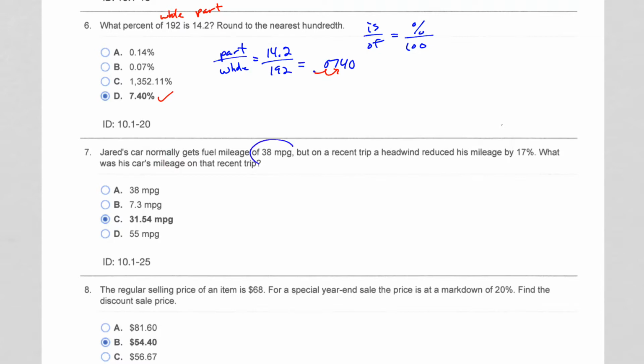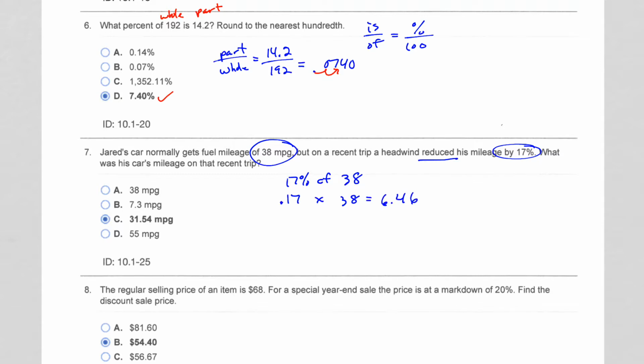So we have that number, and we have a reduction by 17%. Okay, so basically we need to know what 17% of 38 is. So 0.17 times 38, that's 6.46.